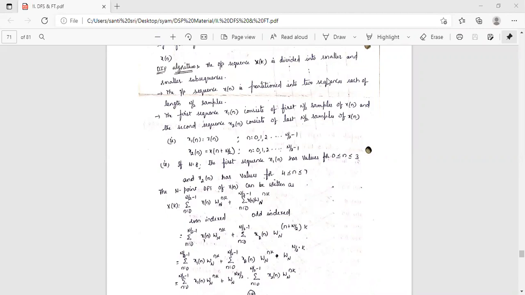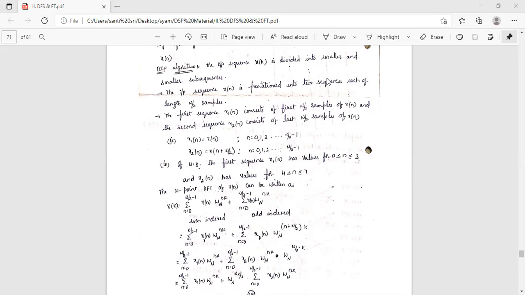After that, it will be decomposed into two 4-point DFTs, and then these two 4-point DFTs will be decomposed into two 2-points each. So finally, four 2-point DFTs will come as the output. So 8 points to 4 points, 4 points to 2 points.